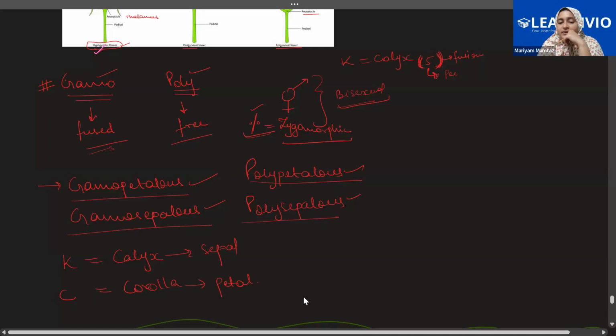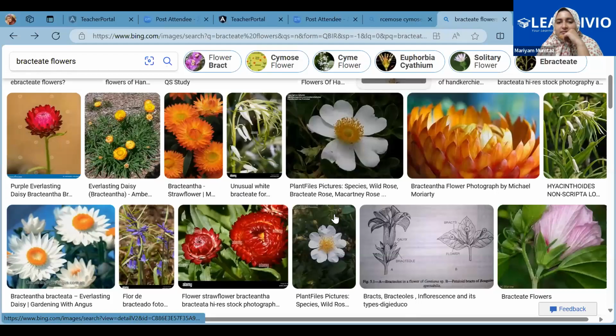Let us see some pictures of flowers that are gamopetalous. One second. All right, okay. See this one. The best example.